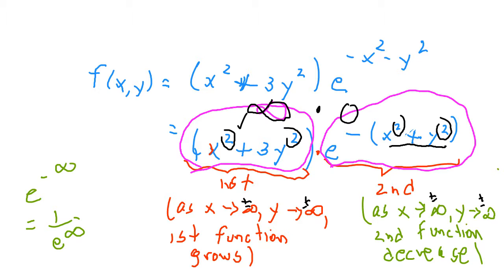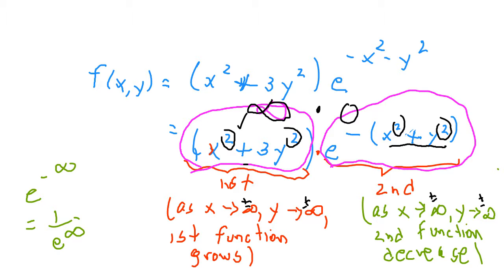But the question is, what dominates? The exponential function decreases to 0. The first function, x squared plus 3y squared, increases to infinity. Which function's going to go more quickly?